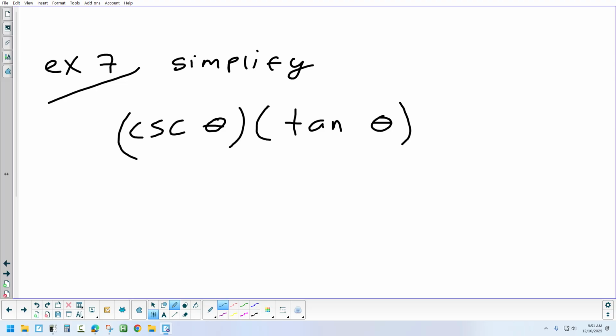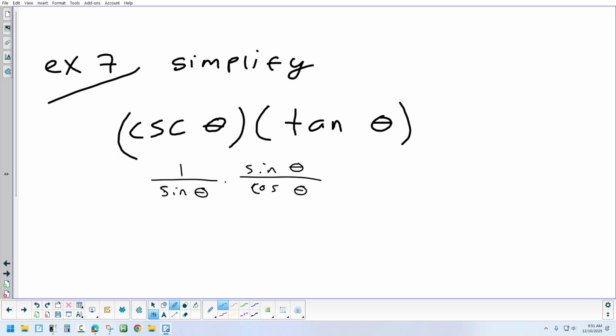How could we rewrite that just using sines and cosines? 1 over sine. How could we rewrite tangent using sines and cosines? Sine over cosine.